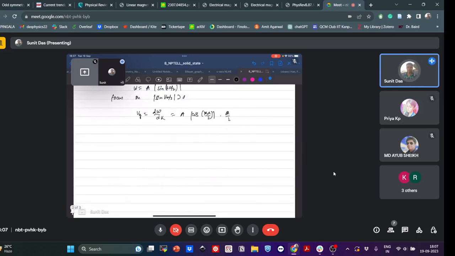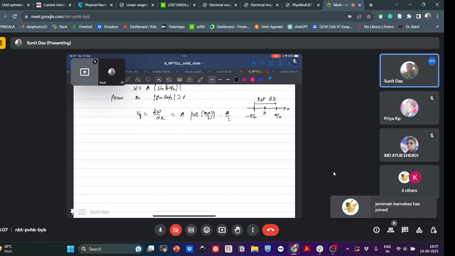If it is a one-dimensional array, so if this is 0, then plus pi by a and minus pi by a. This is the first Brillouin zone. Now the boundary is this one, plus pi by a and minus pi by a.